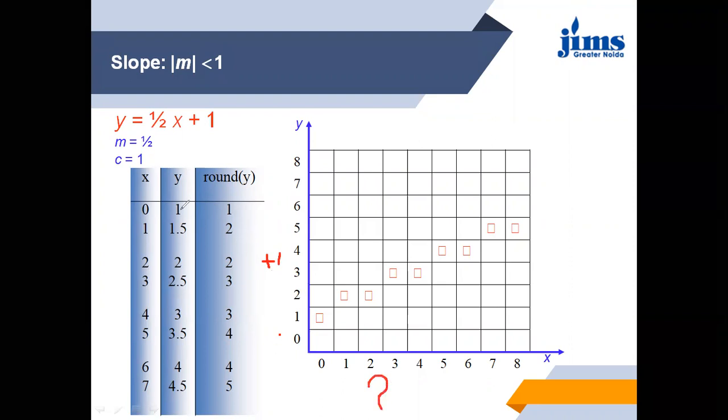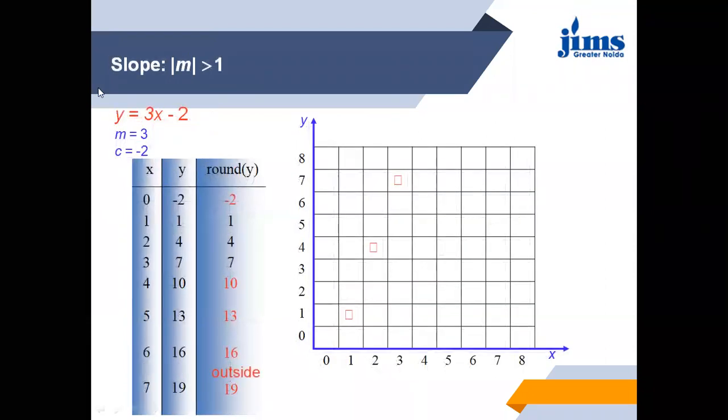As over here every time we are increasing the value of x by 1 and finding the value of y. So when the value of m is greater than 1, that's the reverse of this case.